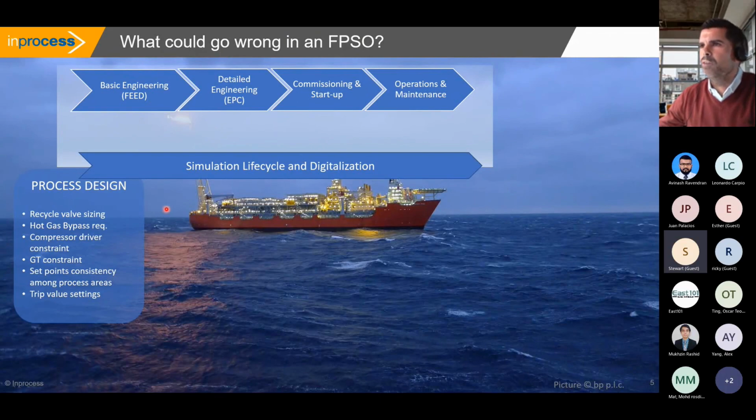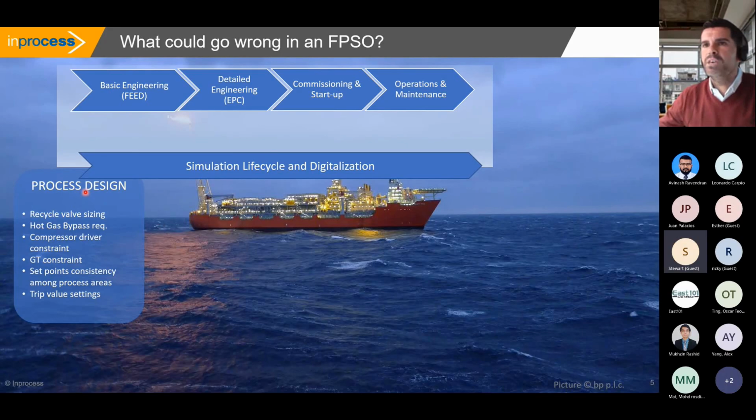When we are talking about an FPSO, and in particular a greenfield project, we need to think about the different phases that we need to cover along project execution, and how companies like EPCs and operating companies are asking Inprocess and asking IS 101 to perform different studies along project execution.